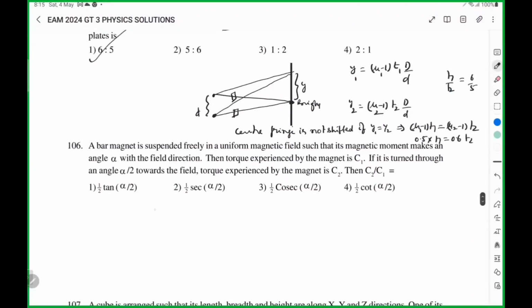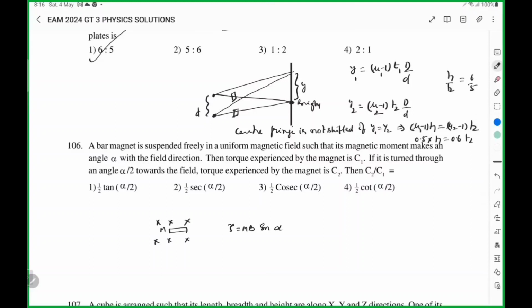A bar magnet is suspended freely in a uniform magnetic field, and it has a magnetic moment m. It rotates by an angle alpha, then the torque will be mB.